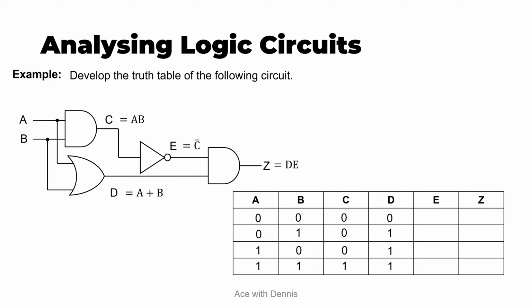For E, it is the inverted C. Hence, the output of E will be 1, 1, 1, 0. And lastly, the output Z will be the AND result of D and E. Hence, the result of Z will be 0, 1, 1, 0. So this is the truth table of this circuit.